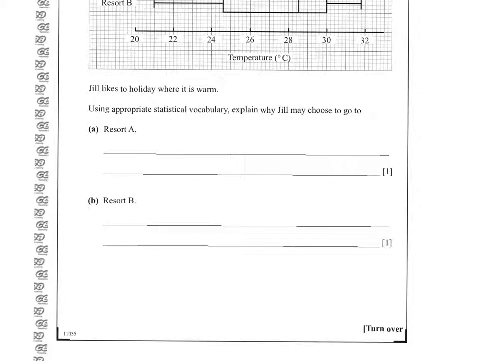So we're looking at box plots, and the first thing I'm going to look at is the median. The median for resort A is this line. So the median value in resort A is 27, whereas in resort B it is 28.5.